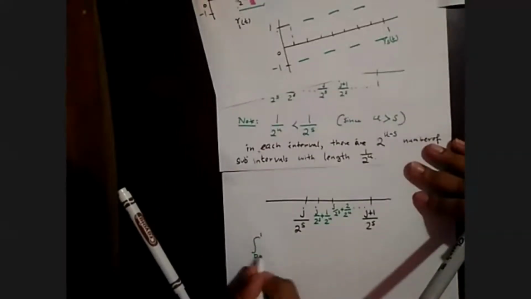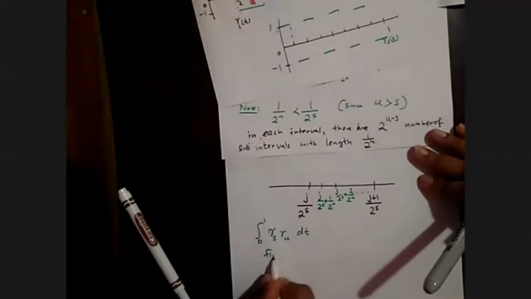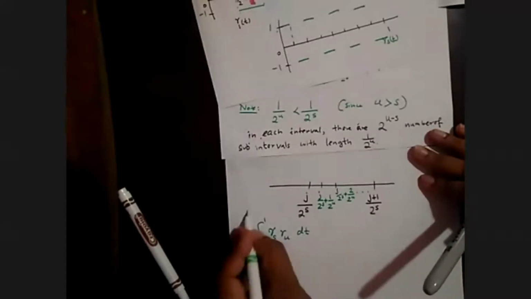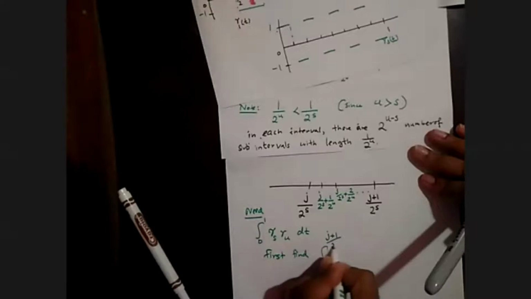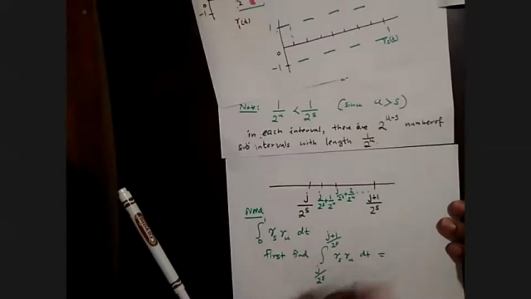So when I am finding the integral from 0 to 1 of r sub s r sub u dt, I will first find the integral from j over 2 to the s to j plus 1 over 2 to the s of r sub s r sub u dt. We know that r sub s is a constant value in between this interval, so I can say it's c. C is either negative 1 or positive 1, and I will take that out.